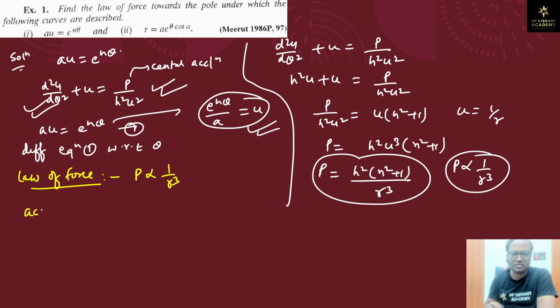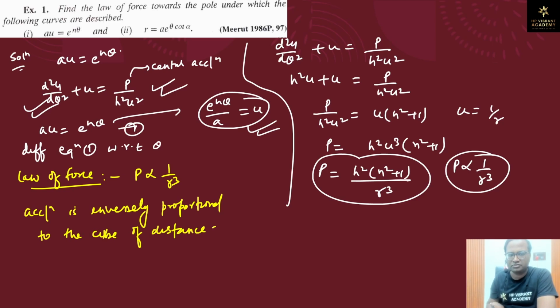That is, acceleration is inversely proportional to the cube of the distance of the point from the pole.